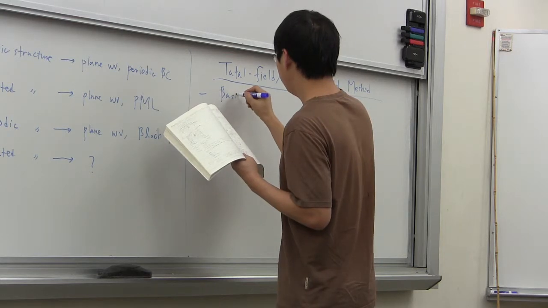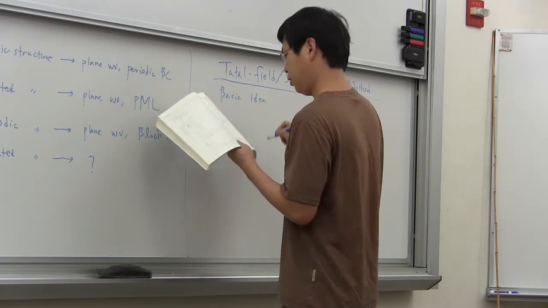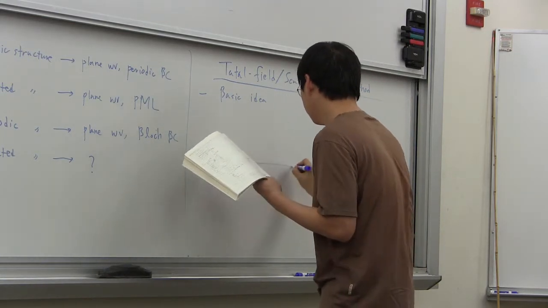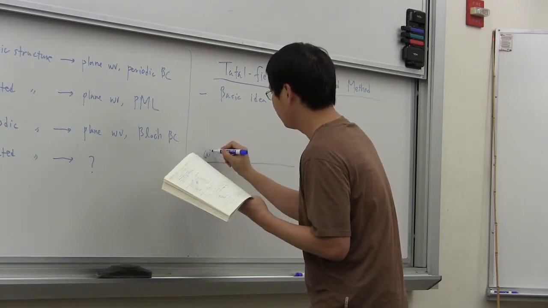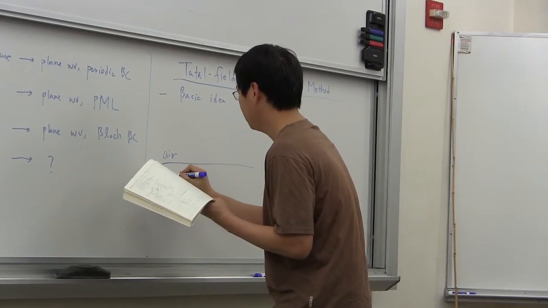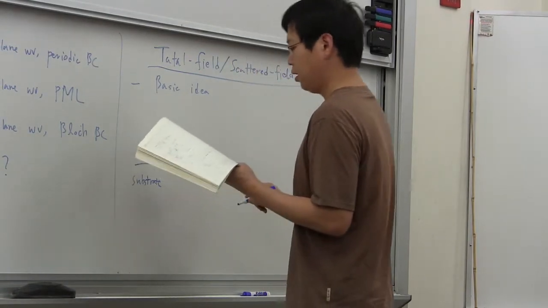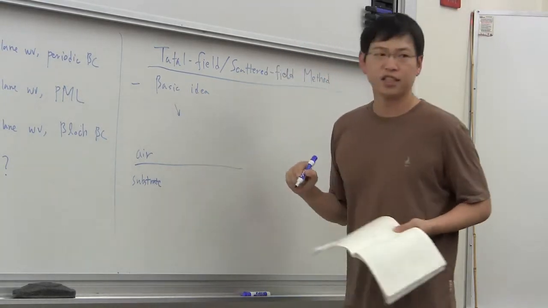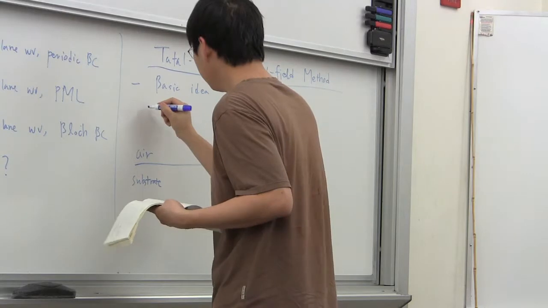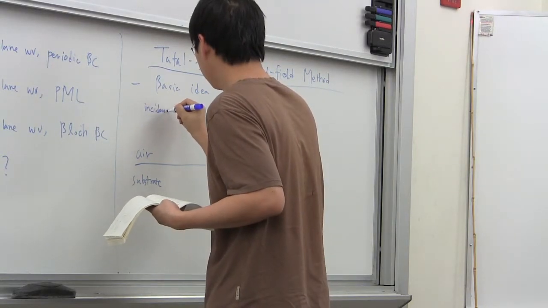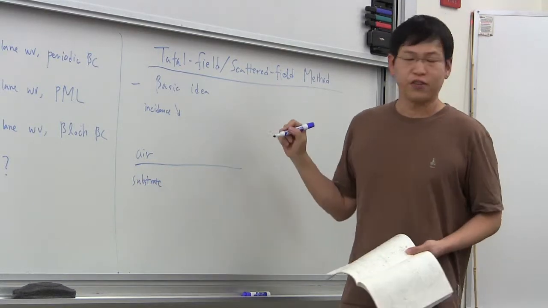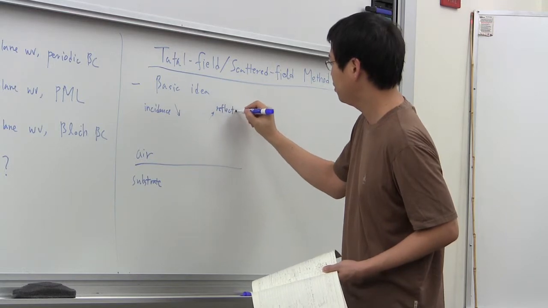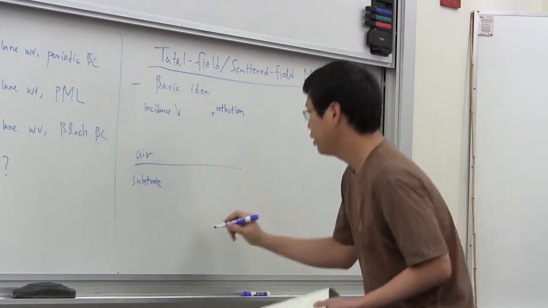The basic idea is, let's say we have some air and substrate, and we have an oblique incidence on this interface, and then we get some reflection and transmission.